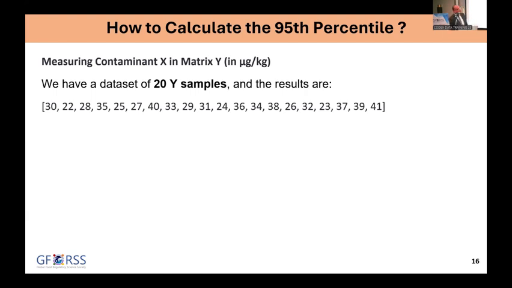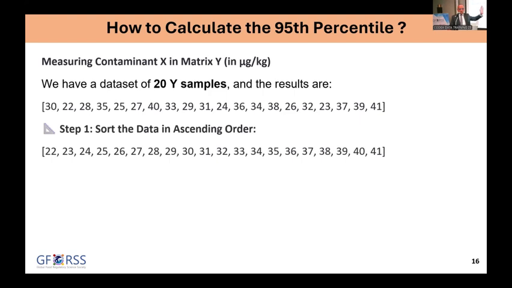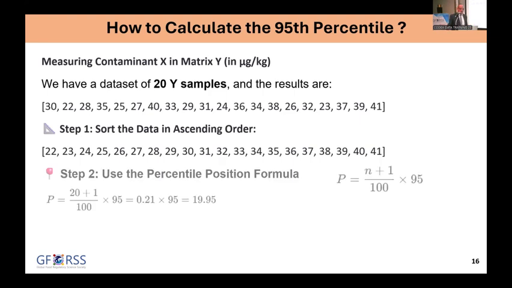So I got, as you can see, the results. In sample number 1, I have 30 micrograms per kilogram, and so on. The first step I should do is to put them in order, in ascending order from the lowest up to the highest value.